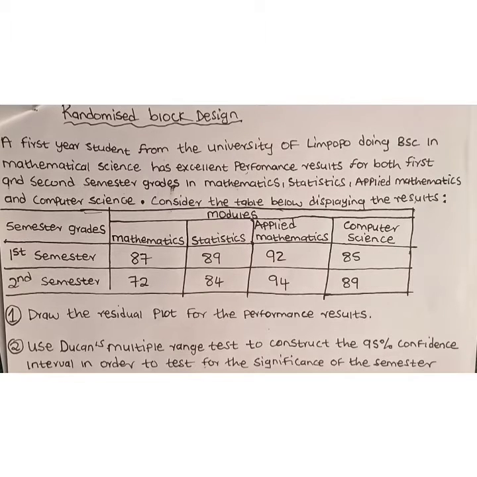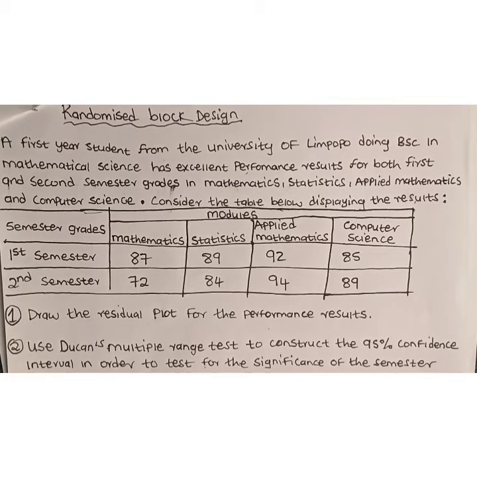A first-year student from the University of Limpopo doing BSc in Mathematical Science has excellent performance results for both first and second semester grades in mathematics, statistics, applied mathematics, and computer science. Consider the table below displaying the results.